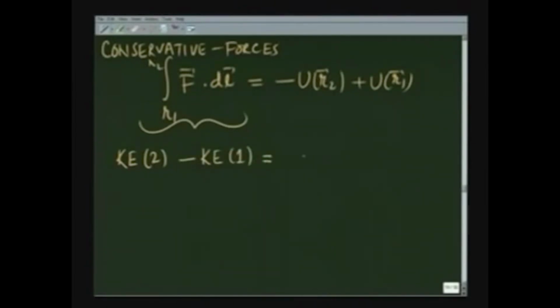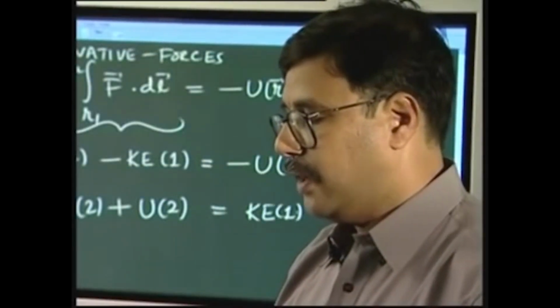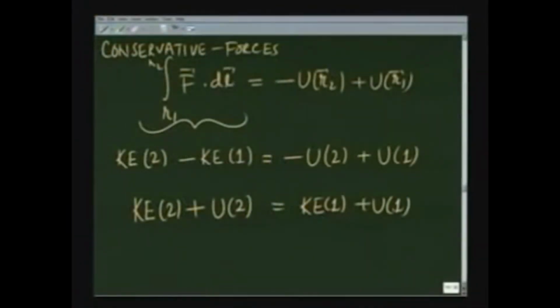This is equal to minus U at point 2 plus U at point 1, and if I reshuffle, I immediately get that KE at 2 plus U at 2 is equal to KE at 1 plus U at 1.